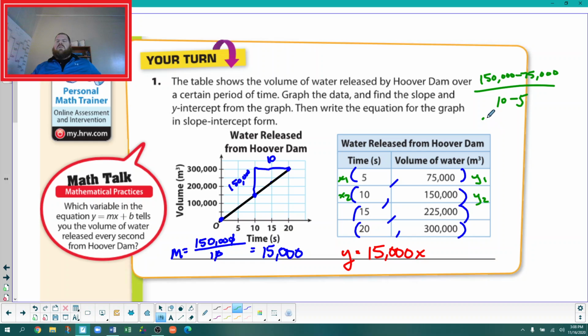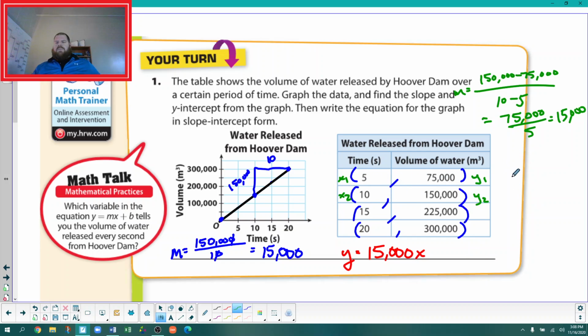And so that equals, again, this is finding my slope, 75,000 when I subtract, divided by 5, which ends up as 15,000. Okay, so 15,000 is my slope.